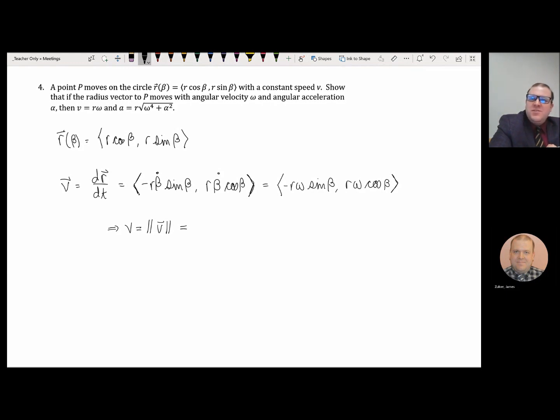It shouldn't be too difficult to see. We have an r omega common, so factor it out. Actually, it's not specified in there.